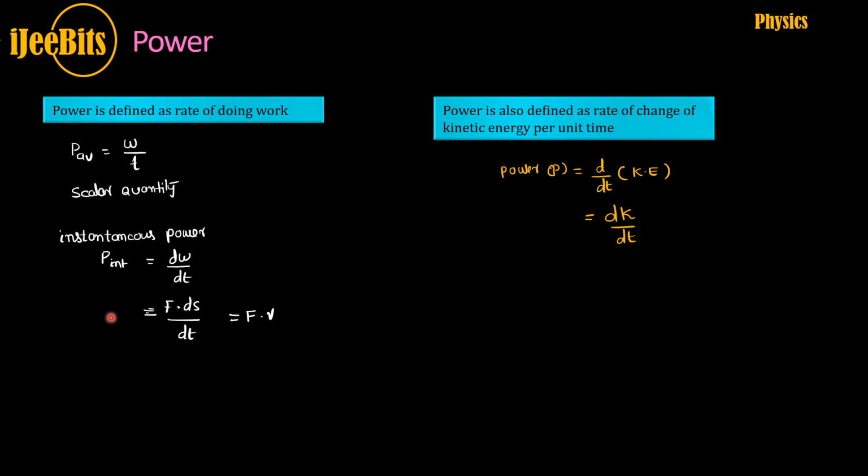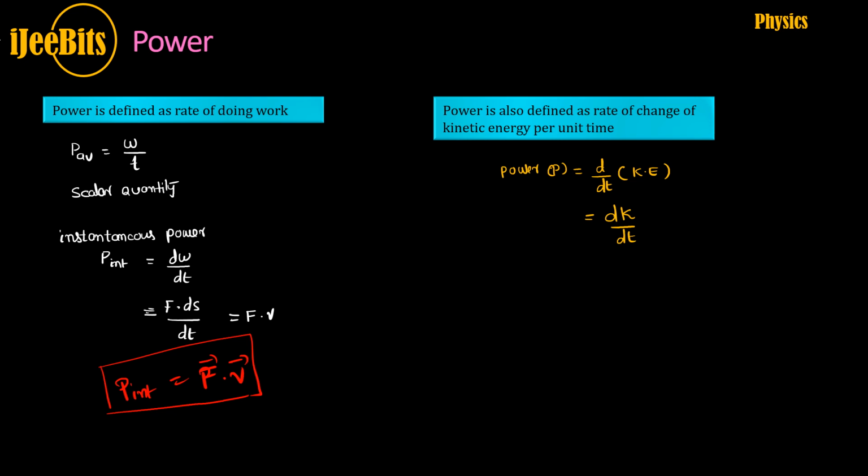So P instantaneous is equal to your force into velocity. This is one more definition you have to understand. P instantaneous equal to force dot velocity vectors. So W by t or F into V we can consider for solving the problems.